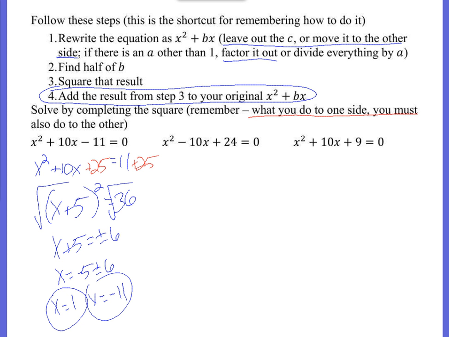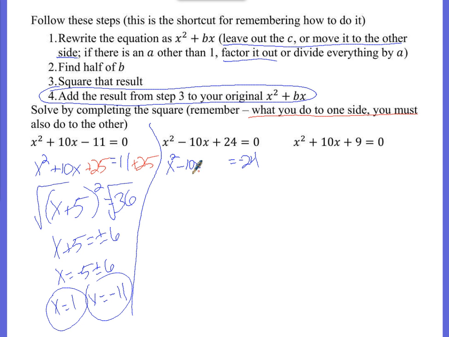For the second one, what should we do? Subtract 24 from both sides to get the 24 on the other side. We have x squared minus 10x, leave a gap, equals negative 24. Now what? Complete the square. Use the right language.